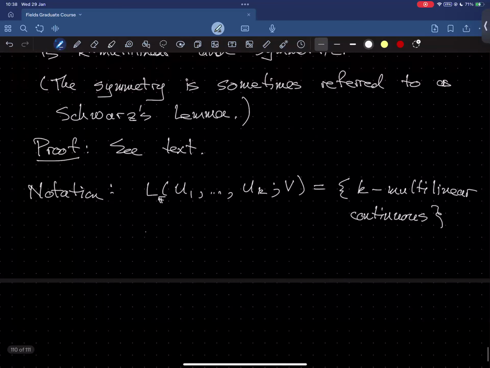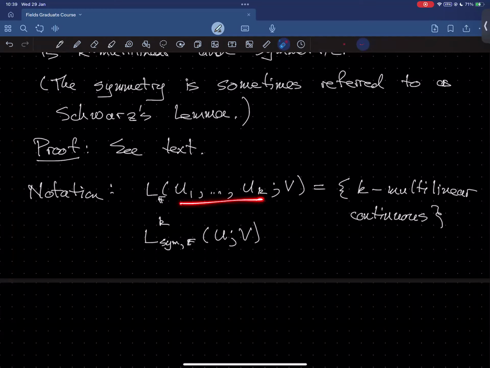And then let me make sure I use the same notation. L^k_sym(U; V). These are going to be the symmetric multilinear things, and so all of the U's have to be equal, so I just put a single thing there.